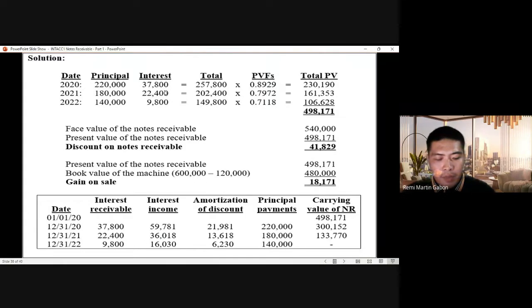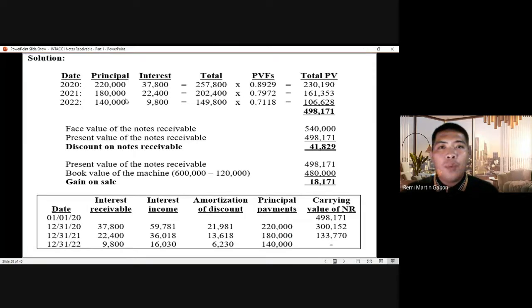Multiplied by 7%, that's 22,400. Then last, the remaining unpaid balance of 140,000 times 7% is 9,800. Then we total each: 257,800 down to 149,800. Those will be our debits to cash later on.